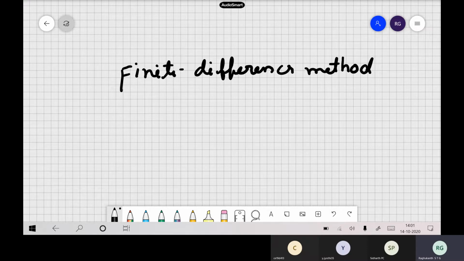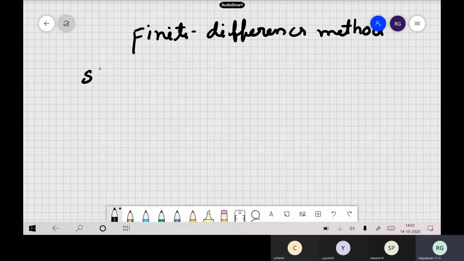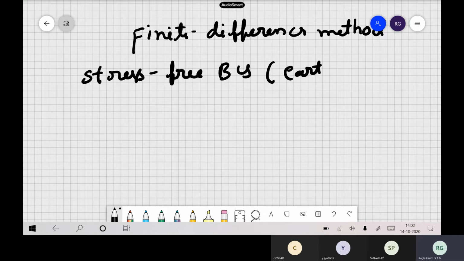Now generally, when you have stress-free boundary conditions, this is a very important boundary condition on the Earth surface. Because there is no load acting on the Earth surface, all the stress components will be zero.